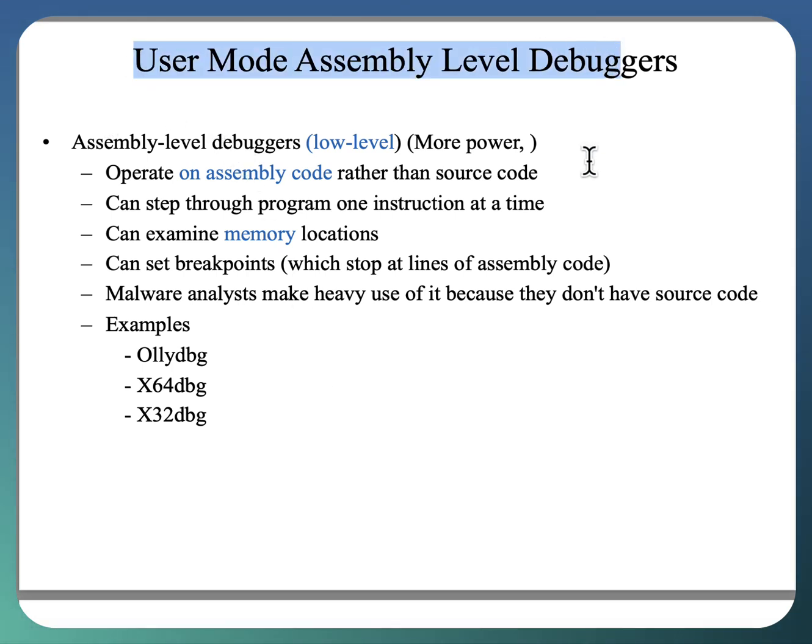User mode assembly level debuggers, that's what matters to us. Assembly level debuggers are low level, and they are more powerful when compared to the source code debuggers. They operate on assembly code rather than source code. You can step through the program one instruction at a time. Actually, this depends on whether you want to do that or not.